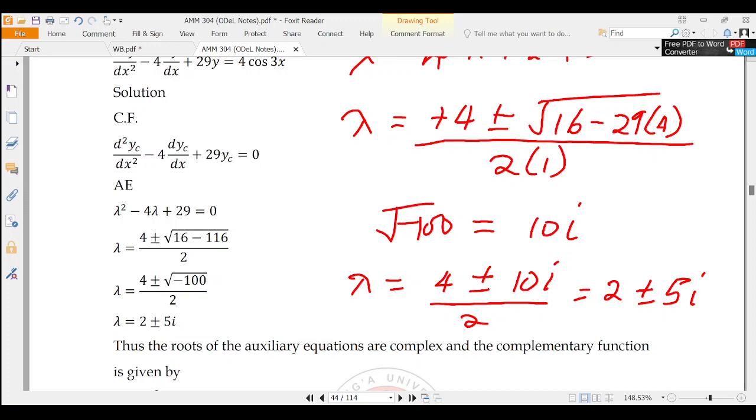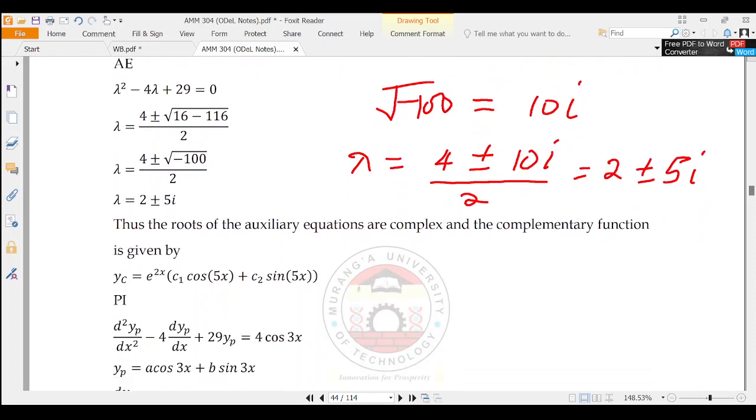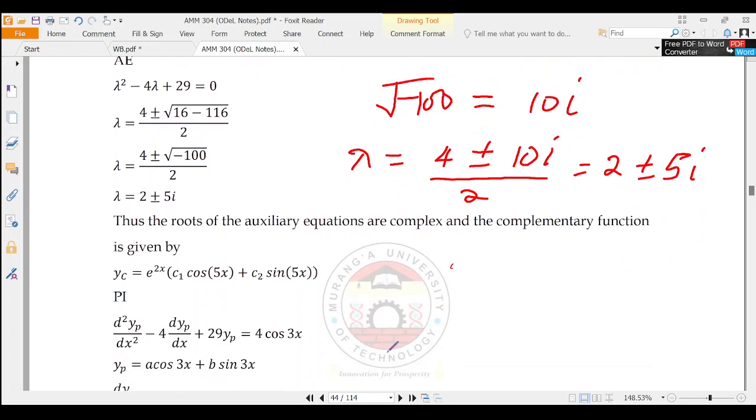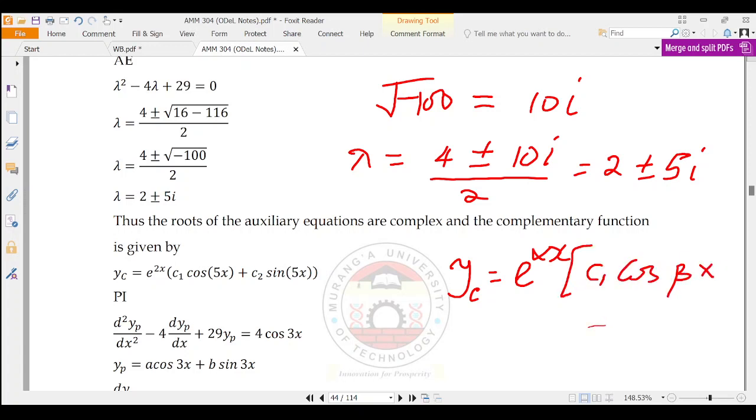The roots are complex, and therefore the solution will be of the form yc equals e raised to power alpha x, then c1 cosine of beta x plus c2 sine of beta x, where alpha is the real part, which is 2, and beta is the imaginary part.